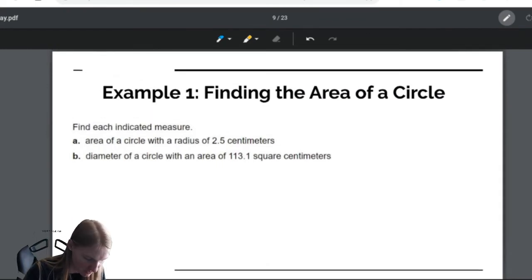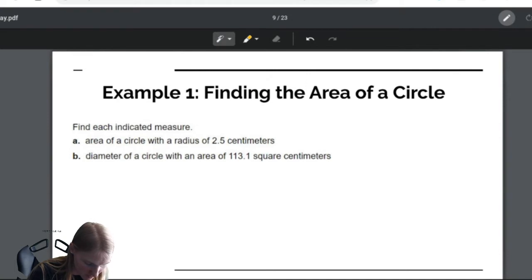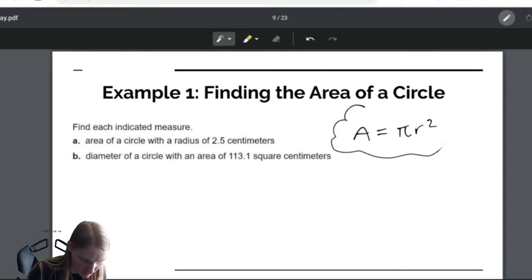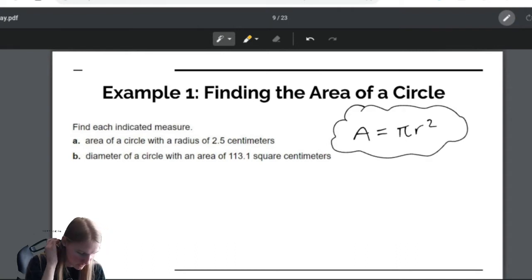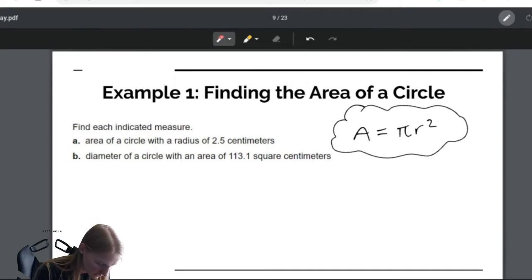Okay, let's see if we can use it. So I'm gonna write our handy dandy formula over here. Area equals pi r squared. Okay. Now, let's look at A first. I want the area of a circle with a radius of 2.5 centimeters. So I'm going to start with my formula. Area equals pi r squared.